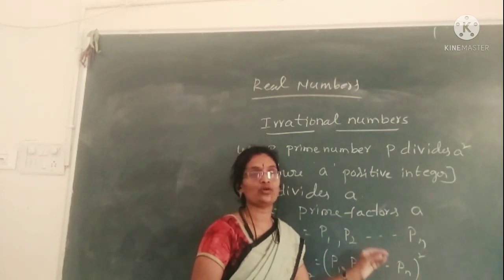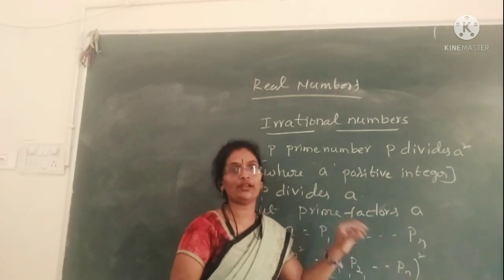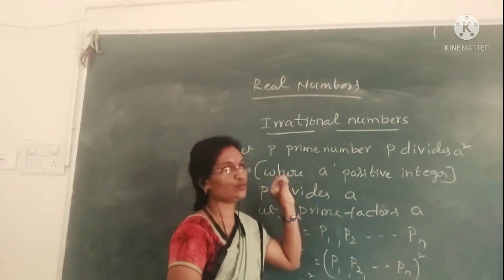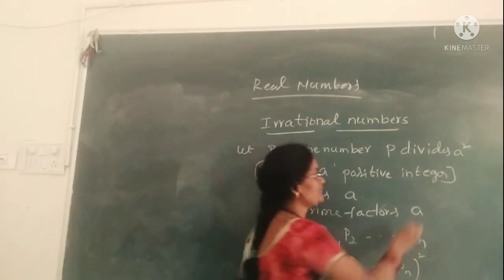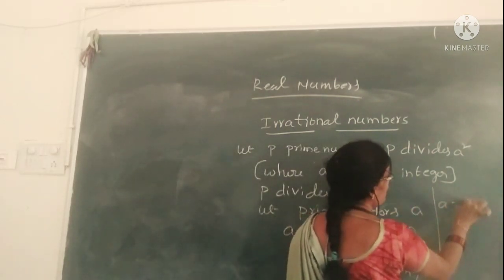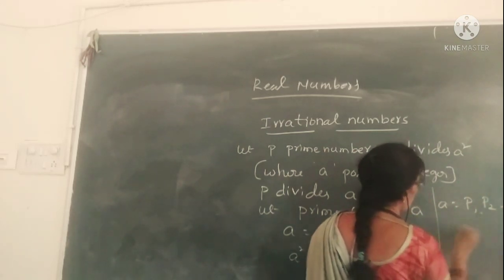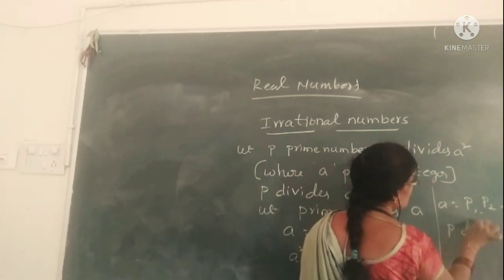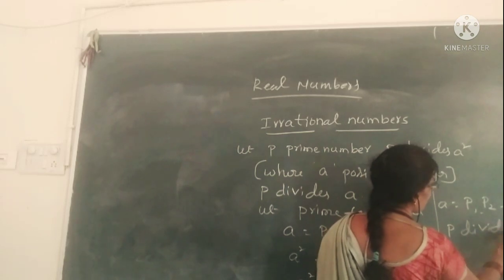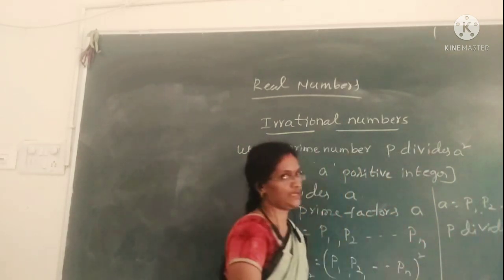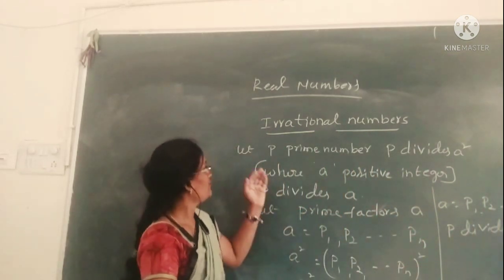So A is equal to P1, P2 and so on Pn, so P divides A.